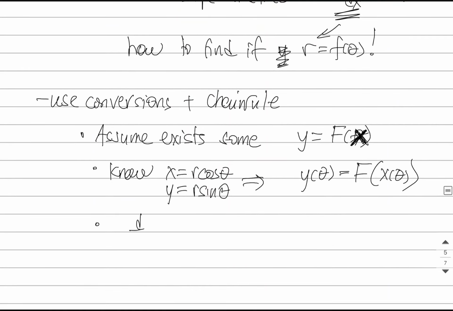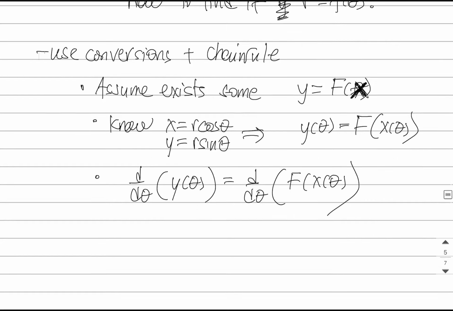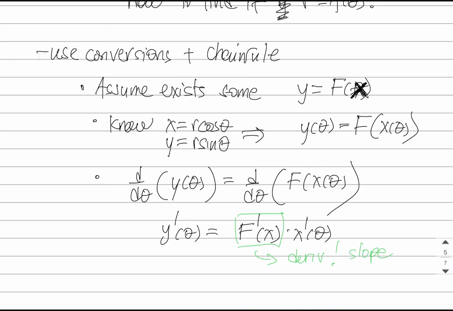So I am now going to take a theta derivative of both sides of this expression. Chain rule is going to kick in here. I'm going to have a y prime of theta, and I'll have some f prime of x times x prime of theta. Well, this is exactly what I want. This is the derivative, and this is how we find slope.